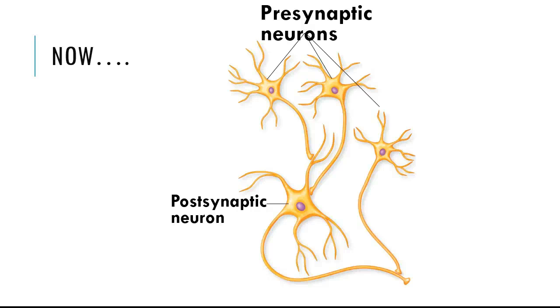Our presynaptic cells may target the postsynaptic cell at its dendrites, at its cell body, or at its hillock. It does have specific names. When the presynaptic cell targets the postsynaptic cell at the dendrites, the synapse is called axodendritic.